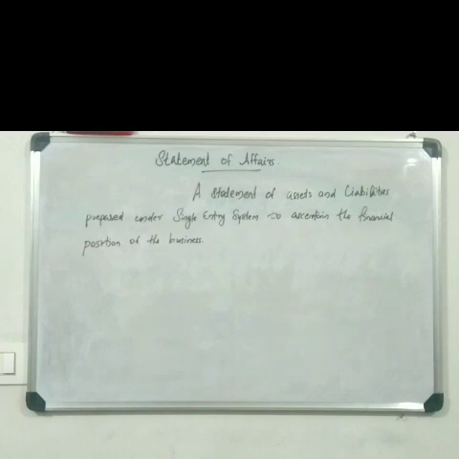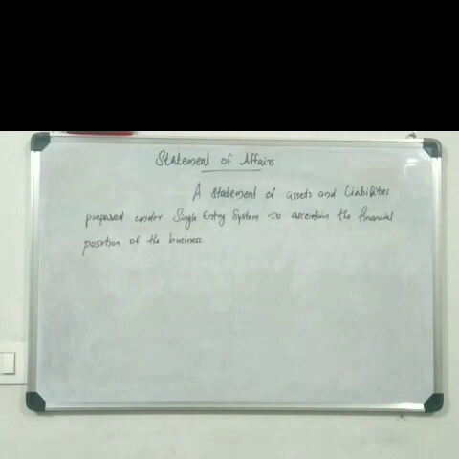So let us see what a statement of affairs is. Statement of affairs is a statement of assets and liabilities prepared under a single entry system to ascertain the financial position of the business.